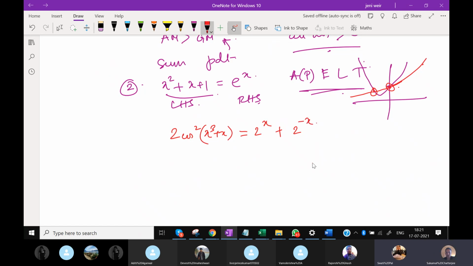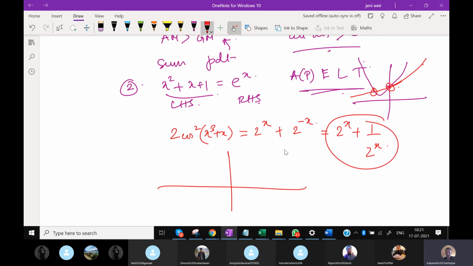So this, as I told you, is a favorite question of examiners. So 2 raised to the power x plus 2 raised to the power minus x is of the form 2 to the power x plus 1 by 2 to the power x. Right? So if you plot the graph, this function will be always positive. And the minimum value of this would be at x equal to 0, this would be 2. Correct? Yes, sir. So this value is 2.